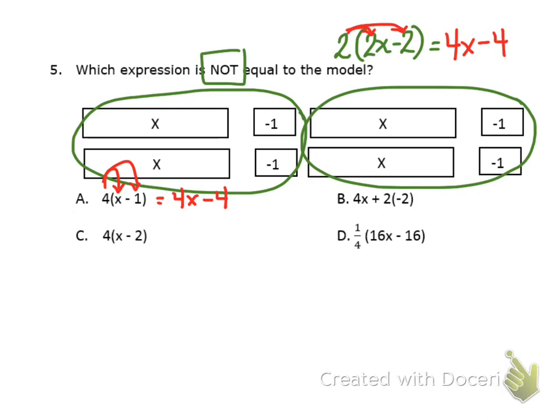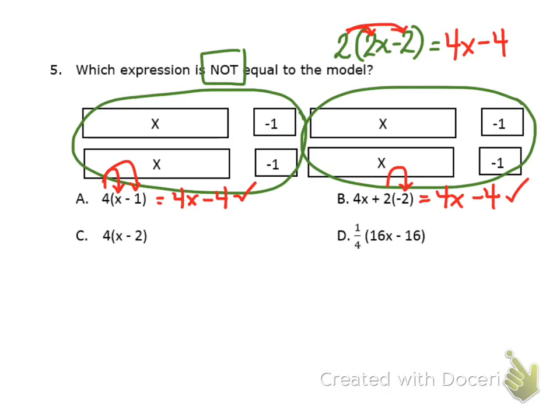I have 4x and I have negative 4. So that's not my answer. Let's look at B. We have 4x. The only thing we're distributing is this 2. So 2 times negative 2 is negative 4. This is what is modeled by our model that we have.